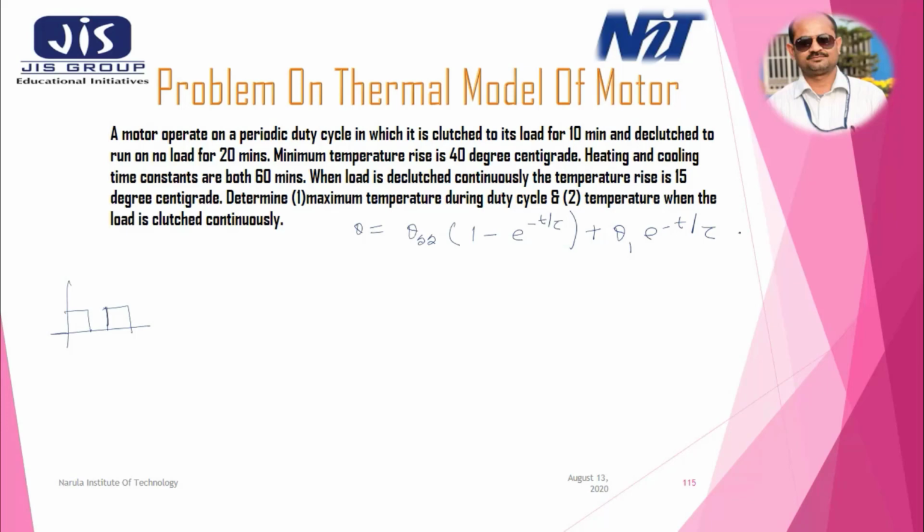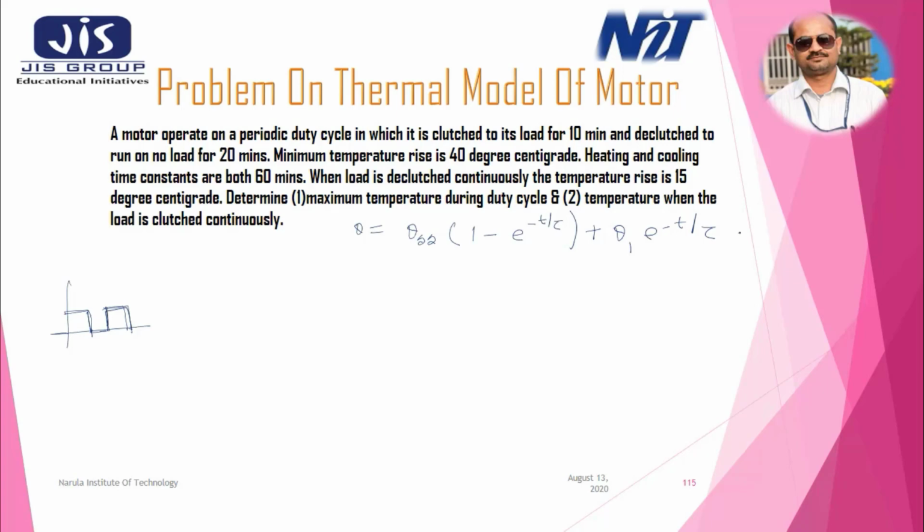We have studied what intermittent type is. There is a constant load running period, then a rest period, then again a constant running period. So the motor is subjected to a periodic intermittent load. So the temperature at the end of the cycle will be the same as at the beginning of the cycle.